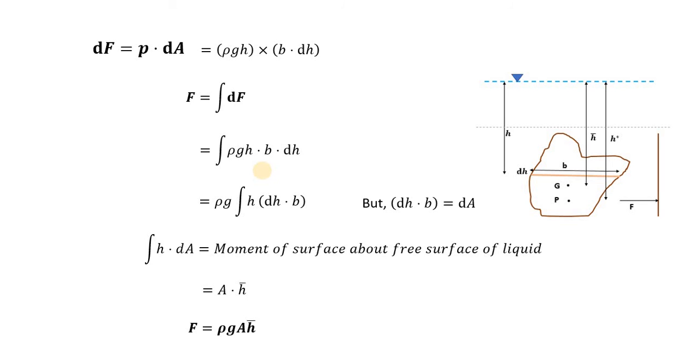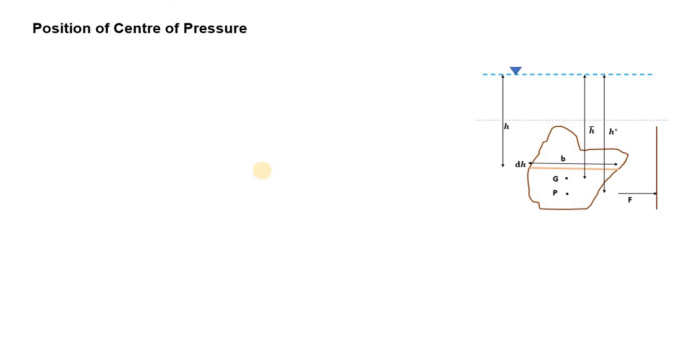Now our job left is to calculate the position of center of pressure, where exactly F is acting, the location which can be expressed from the free surface to point P, and that's a distance in terms of meters, which is nothing but h star.